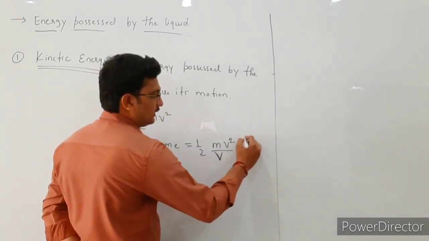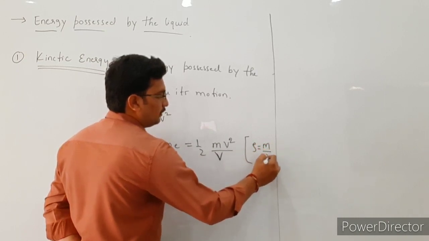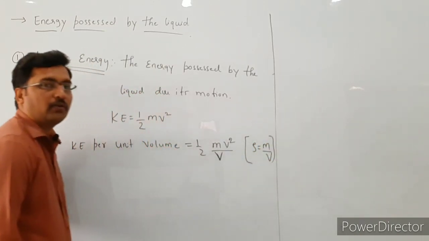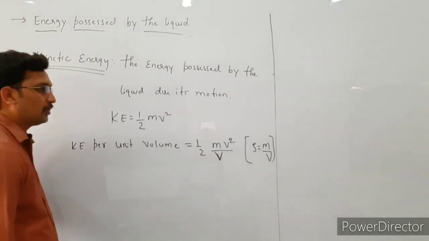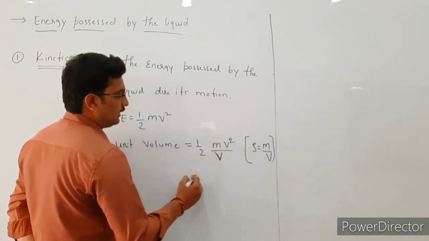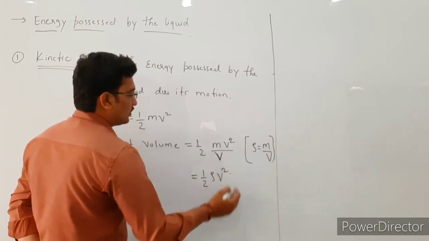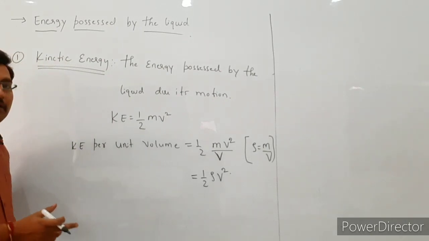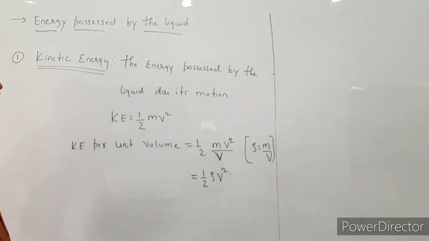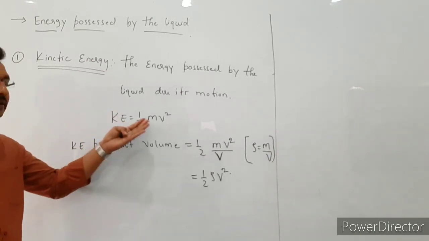Already we know the definition of density: density is equal to mass per unit volume. So here we replace m by V as density, so this is 1 by 2 rho v square. This is the kinetic energy per unit volume. To recap, the kinetic energy means the energy possessed by the liquid due to its motion, and its expression is kinetic energy equal to 1 by 2 m v square.